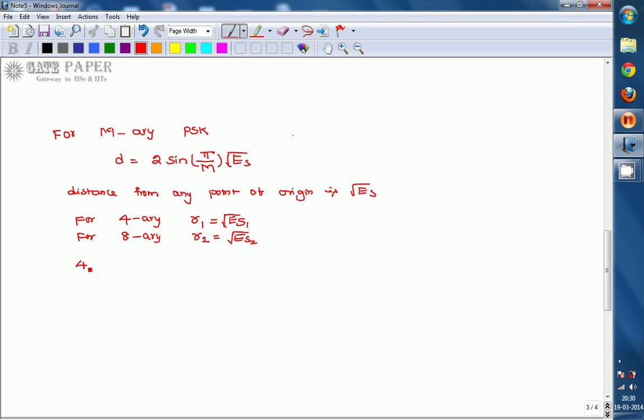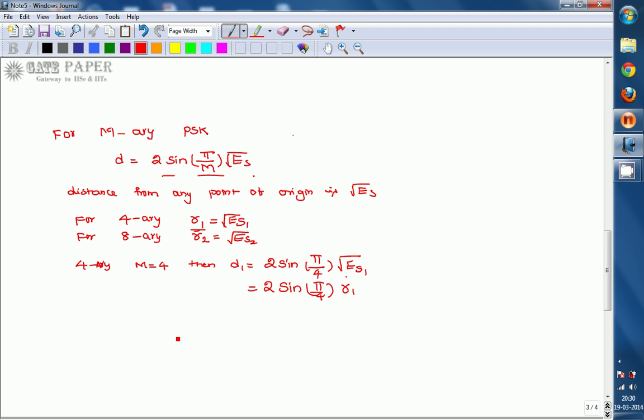For 4-ary, the M value is 4, then the distance D1 equals 2 sin(pi/4) root Es1, where root Es1 is nothing but R1.